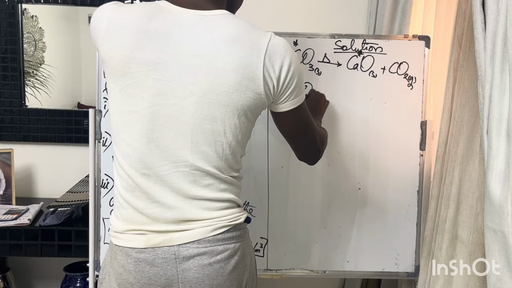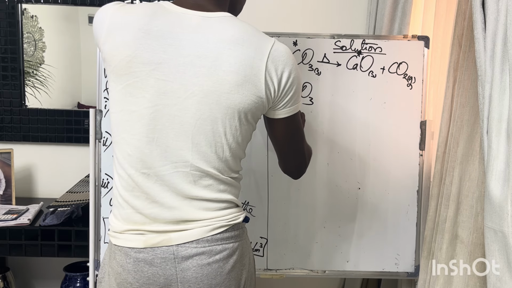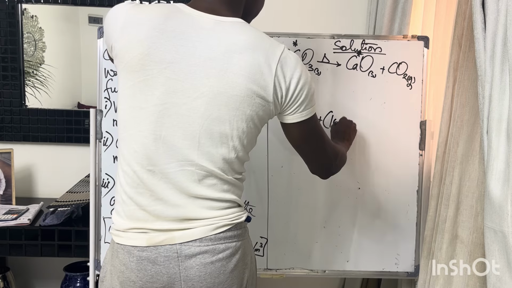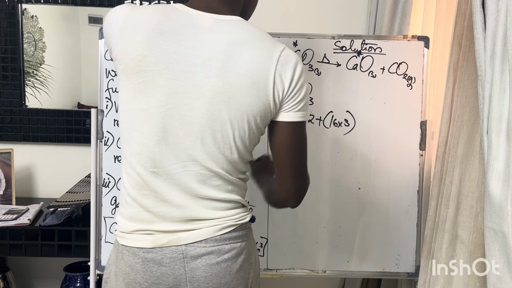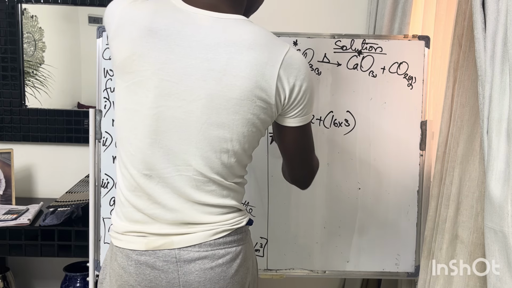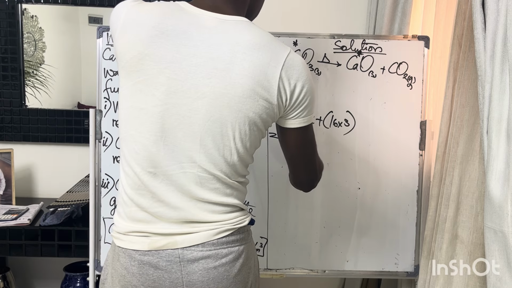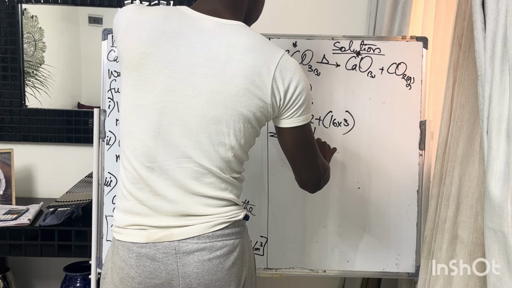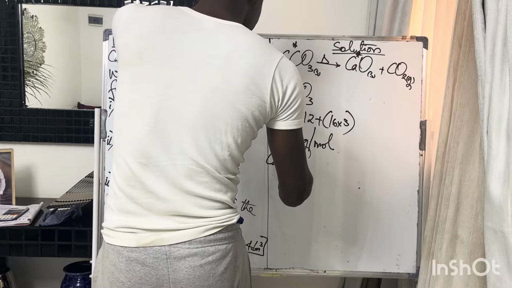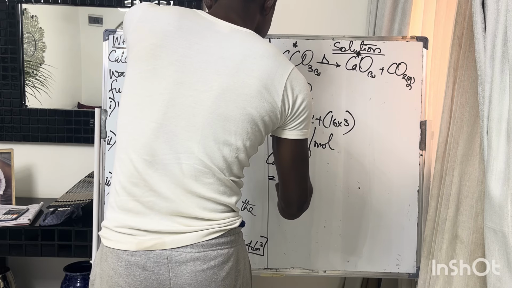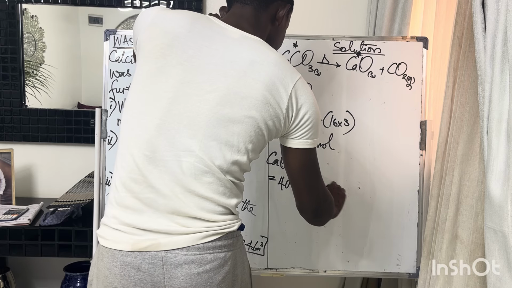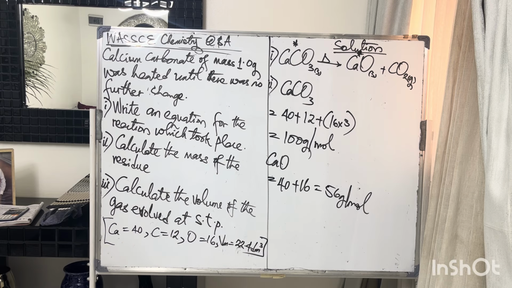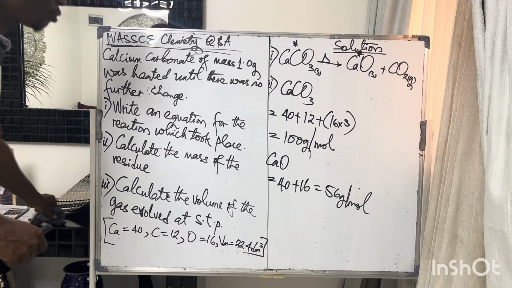For calcium carbonate, the molar mass, also called formula mass, is 40 plus 12 plus 16 times 3, which is 40 plus 12 plus 48, so it is 100 grams per mole. For calcium oxide, it is 40 plus 16, which is 56 grams per mole. These are the things you must get first before we go on to the major question.